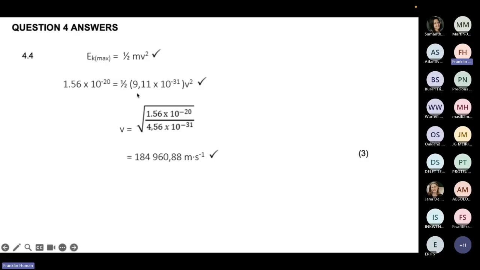So congratulations to all of those learners that could do this calculation and that could identify that even though the mass of the electron is not given in the question, you must be alert and say, aha, but I can go and find it. I may not remember out of my head what the mass of an electron is, but I can go and find it on my data sheet, that value over there.